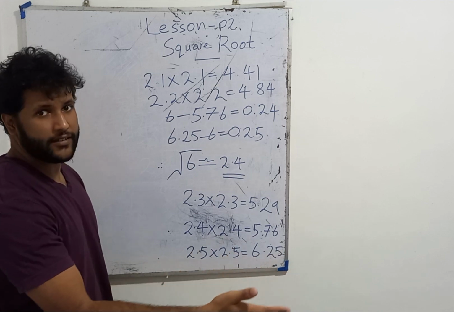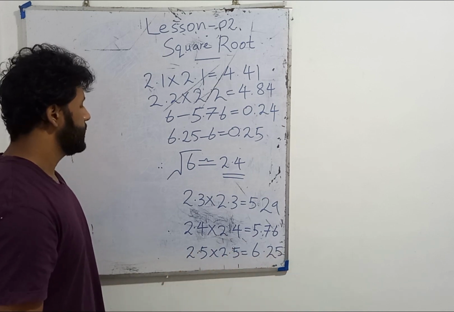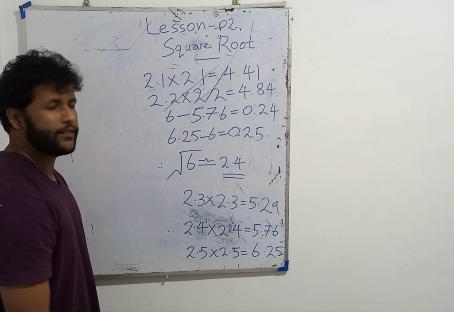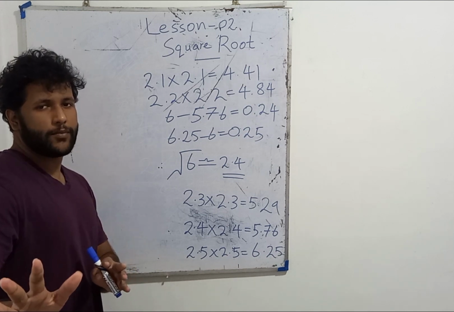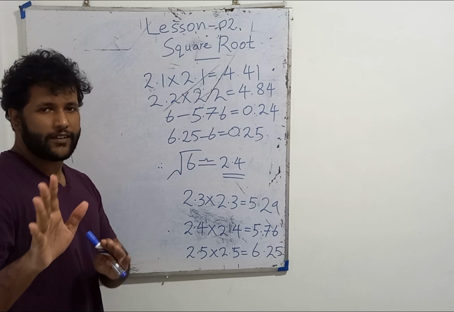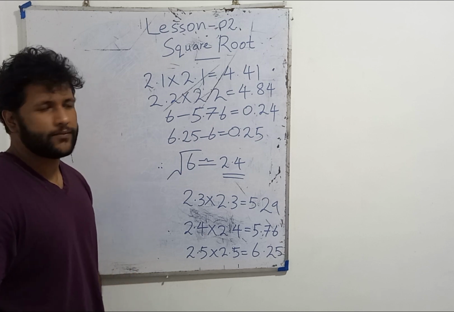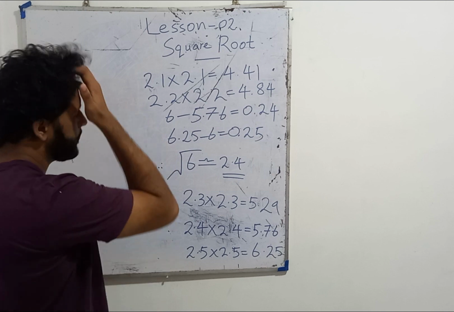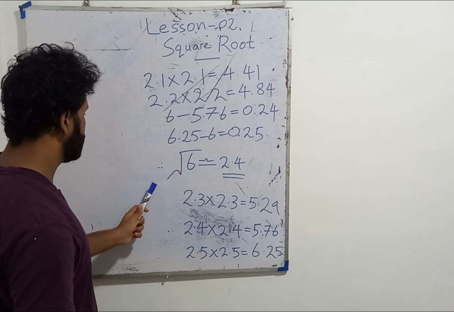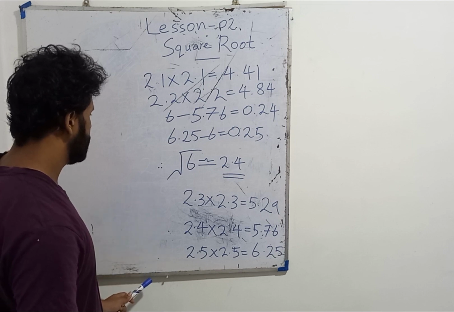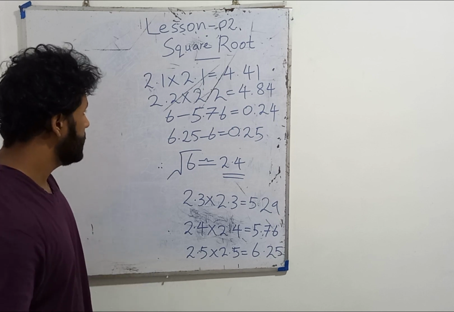Okay, let's go and discuss another example after this. A few examples, then you can understand this properly. I want you to understand this very properly and be very confident. You should be confident with this. I hope this is okay.